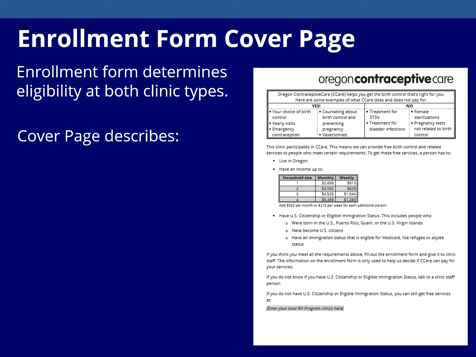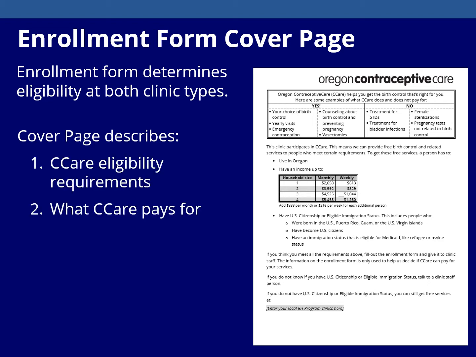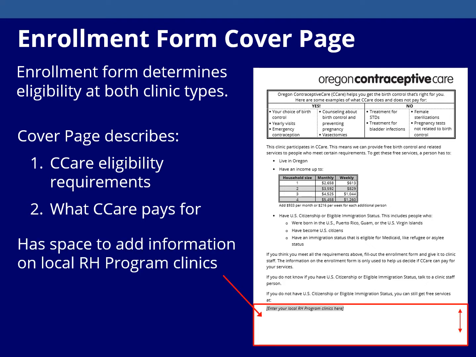However, we also wanted clients to understand what they can get at C-Care only clinic, so we developed a special cover page for the enrollment form. It describes the eligibility requirements, what services may be covered, and has space at the bottom where you can add your local full RH program clinic.